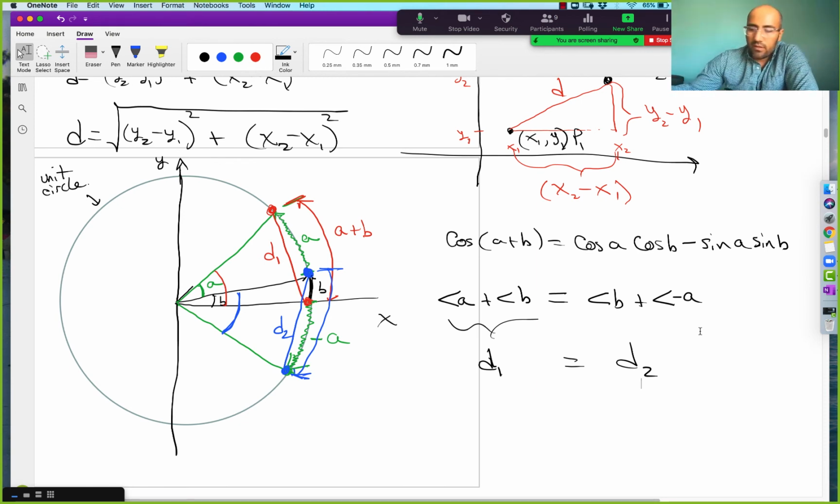Okay, so now let's find these ordered pairs. This one's easy. This guy right here is just going to be 1, 0. No problem. This one, well, remember that we're on the unit circle, so the x-coordinate is the cosine. This is cosine of b, comma, sine of b.